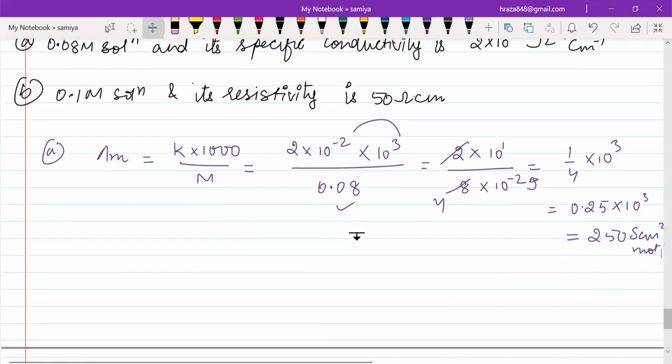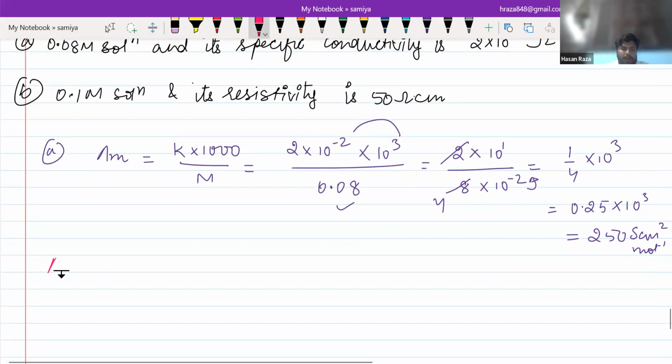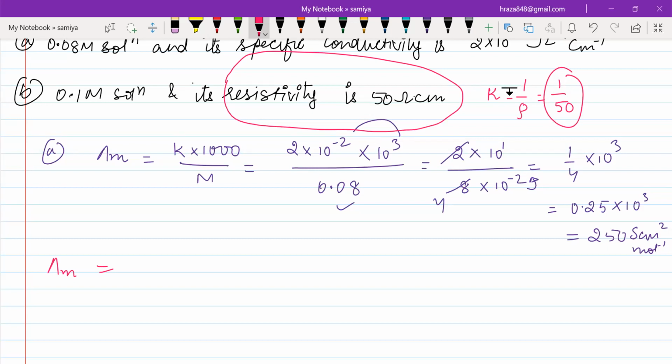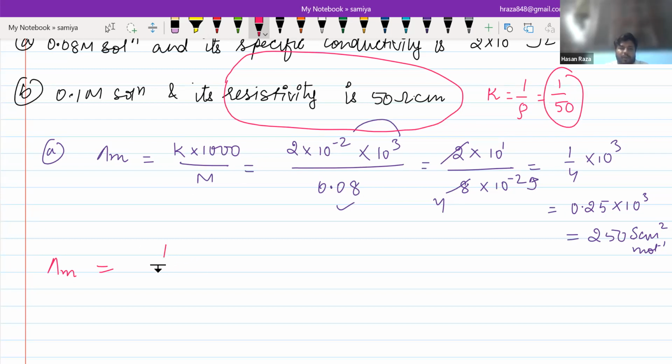Yes, sir. Now again I'm going to apply the formula for kappa. Since there is resistivity here, resistivity is 50 ohm centimeter. Kappa and resistivity have a relation, so kappa will be 1 by 50, and here it will be 1000.